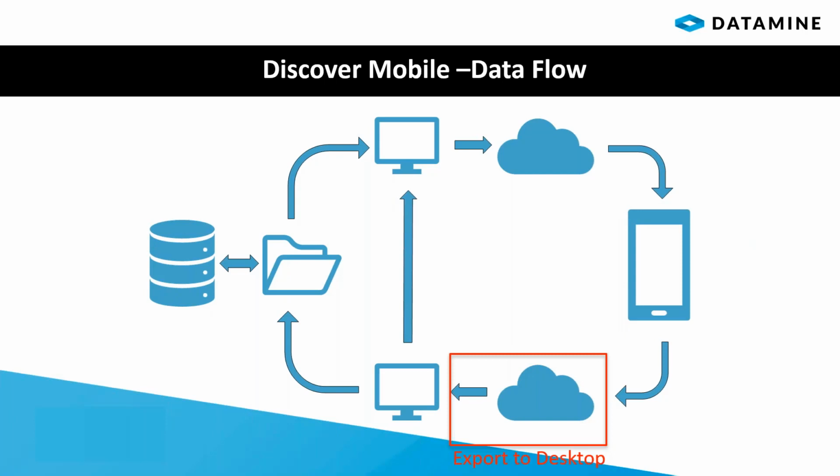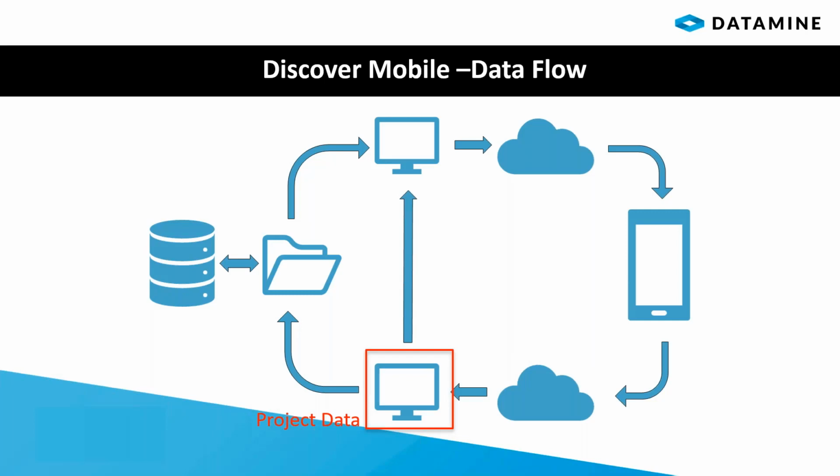Once that data has been recorded, you can then export the project from the app back onto your mobile device, and then you can export that file back into the cloud if you are using cloud-based software to share your mobile data, or you can just copy and paste it back into your Discover folder that you would have created, and then you can check that data back into your desktop.